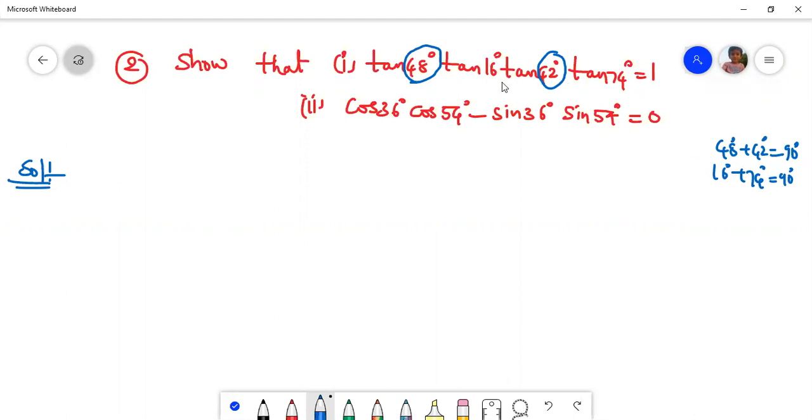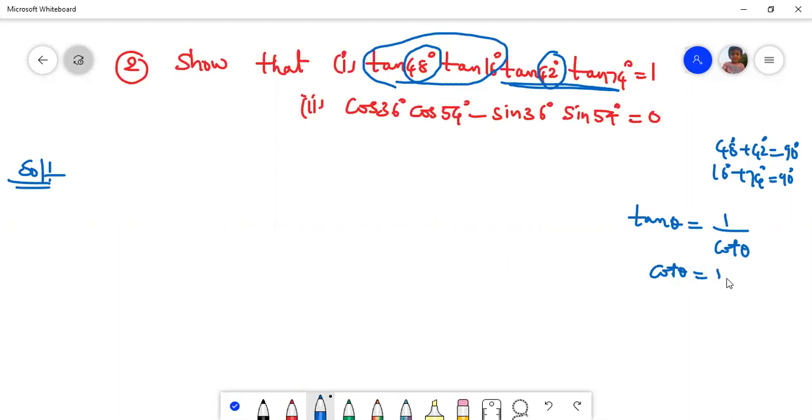Here, you need not change these two terms. Only change these two factors, tan 48 and tan 16. Why? Because we know that tan theta is equal to 1 by cot theta, and cot theta equals 1 by tan theta.